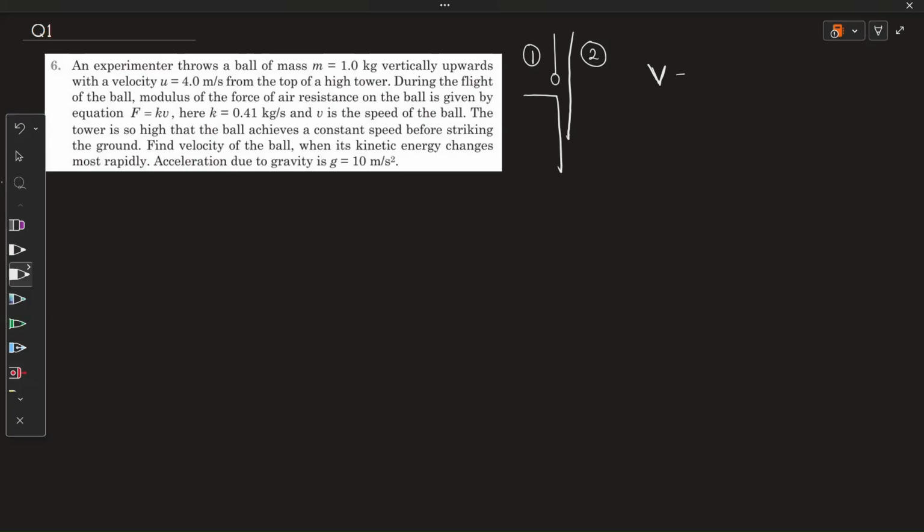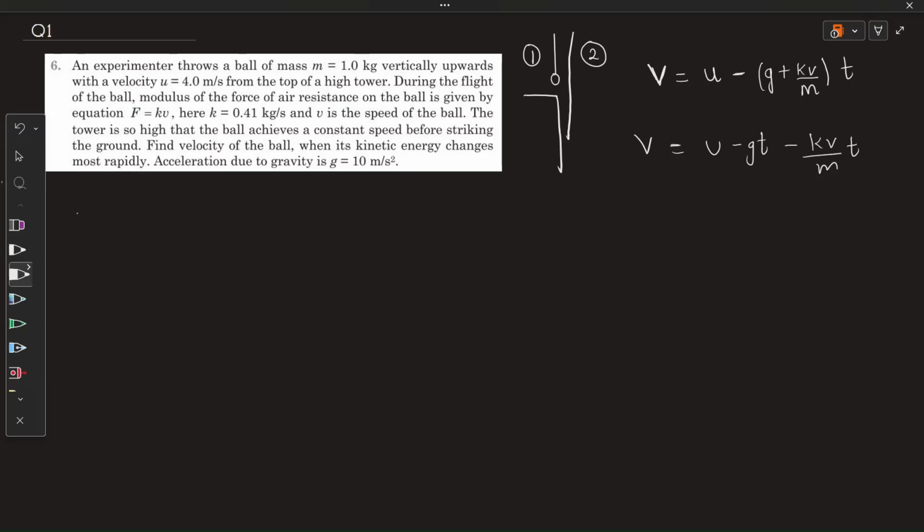So v is equal to the initial velocity u minus (g plus kv by m) into t. That is, v equals u minus gt minus kv by m into t.